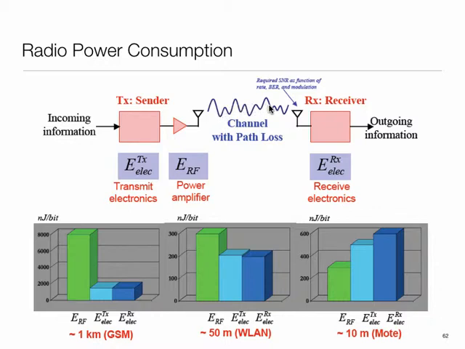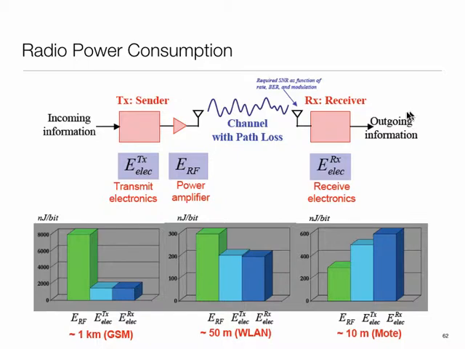It traverses the channel. The channel will see a path loss. So Maxwell's equations, distance traveled, so it would be some distance to the power of some number. We'll get the signal out here. As long as the signal is of sufficiently high signal to noise ratio, I'm going to be able to successfully demodulate it and decode it and get the outgoing information.